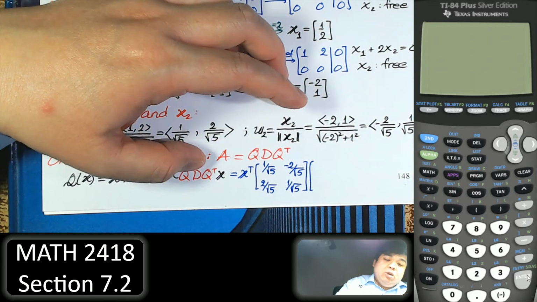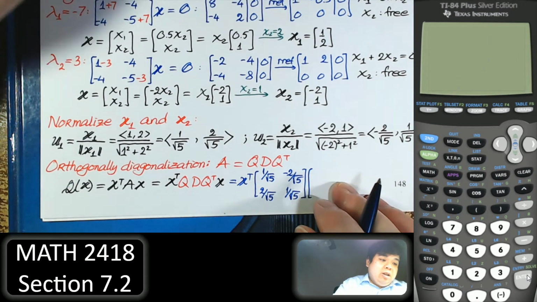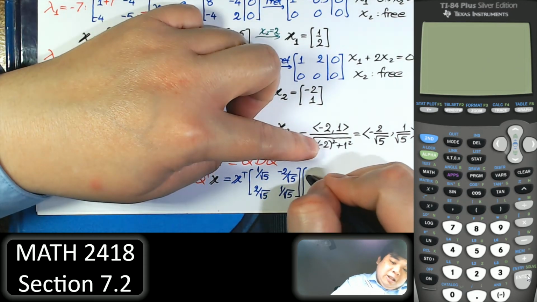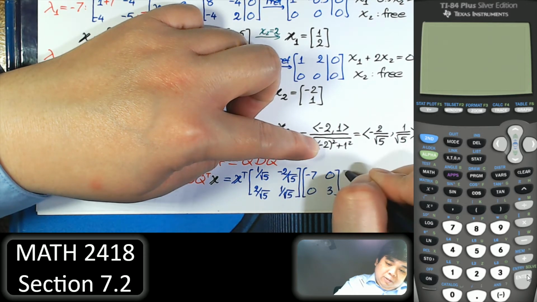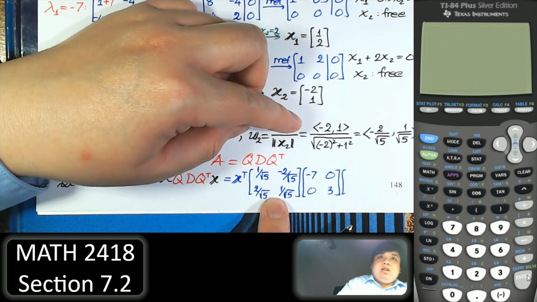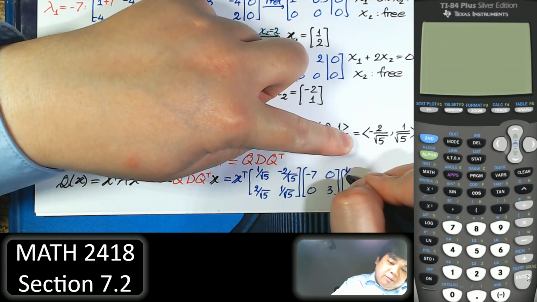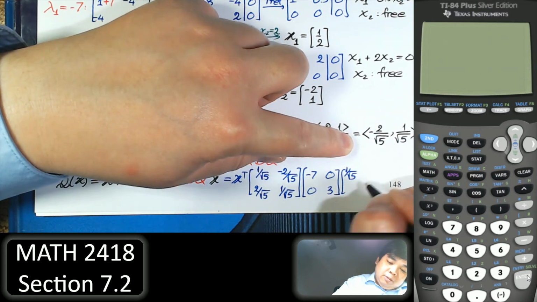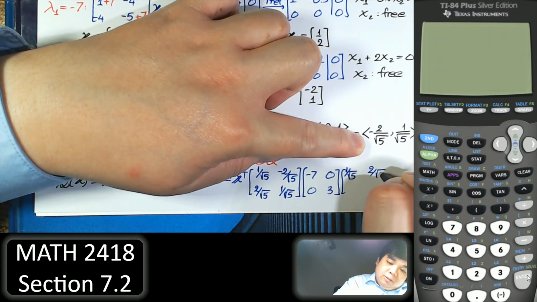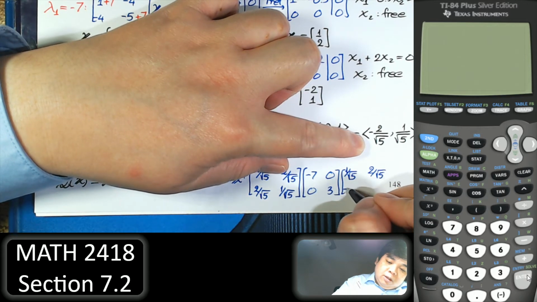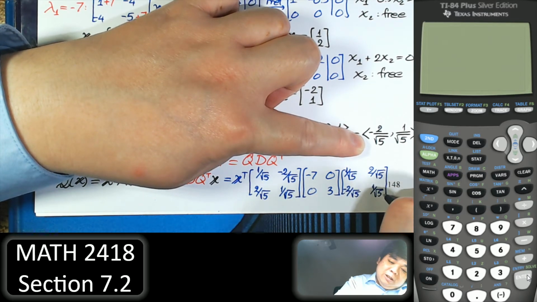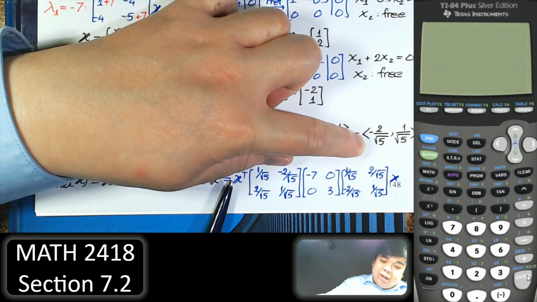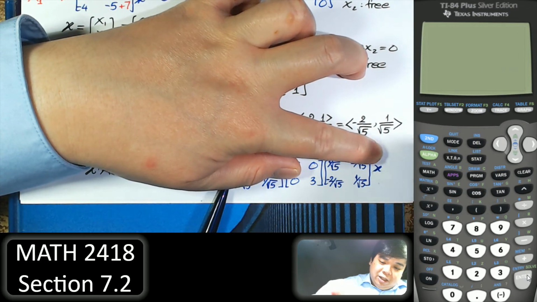And the matrix D will be a matrix of eigenvalues of -7 and 3 on the diagonal. And then I just transpose this so rows become columns, then columns become rows, and then X.